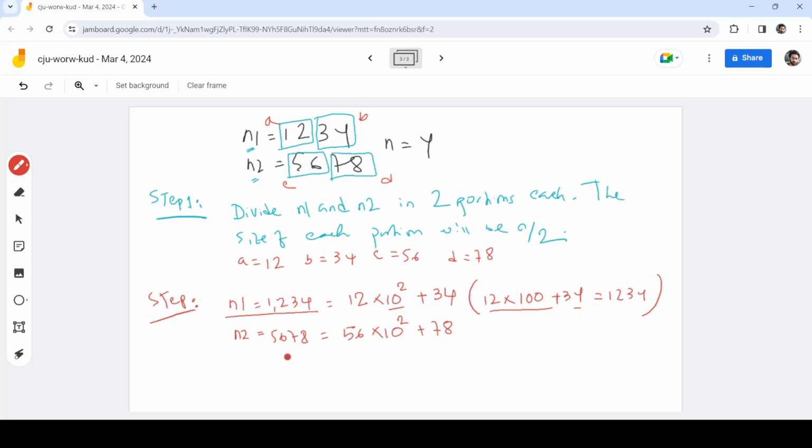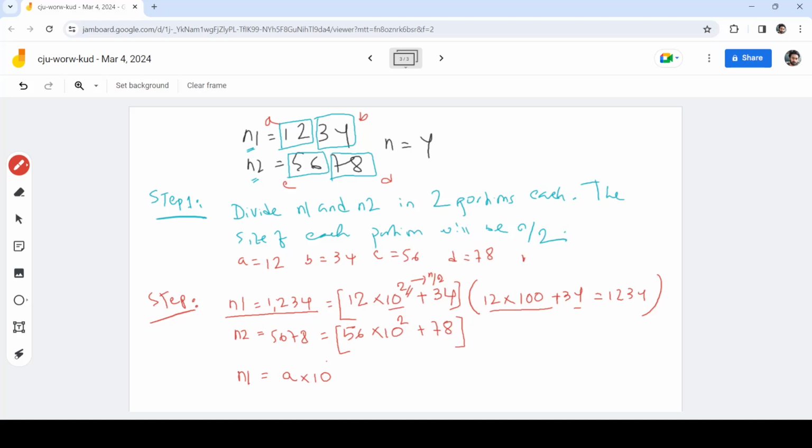এখন আমি যদি এই ইকুয়েশনটাকে যদি ABCD দিয়ে রিপ্রেজেন্ট করতে চাই, তাহলে কিভাবে দাঁড়াবে? So n1 can be written as a times 10 square এবং এই স্কোয়ারটা কিভাবে আসে n by 2, okay? So this square is nothing but n by 2.